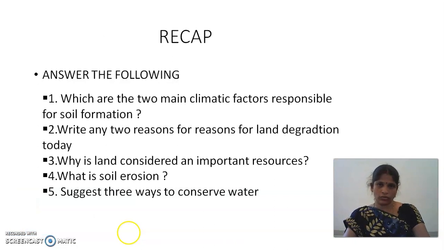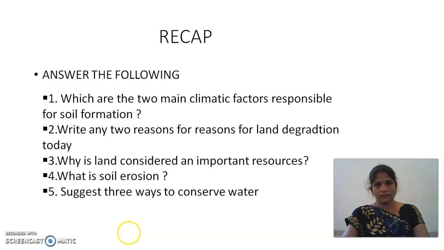Now we can go through the recap. First question: which are the two main climatic factors responsible for soil formation? Yes, high temperature and rainfall are the main climatic factors responsible for soil formation. Write any two reasons for land degradation today.